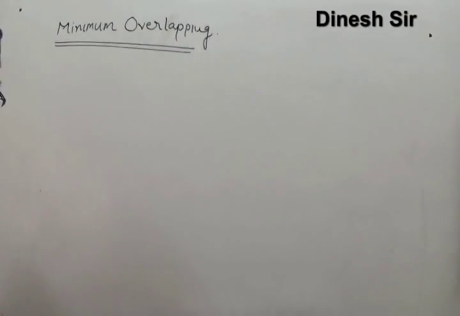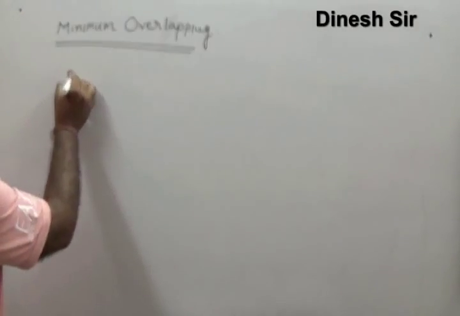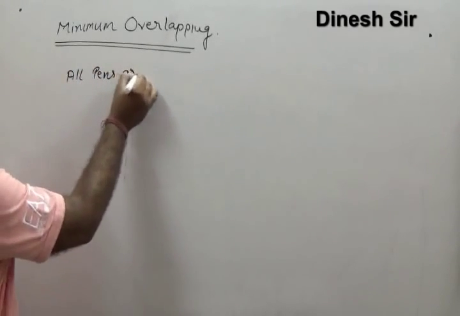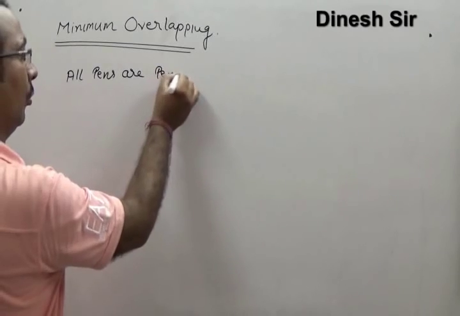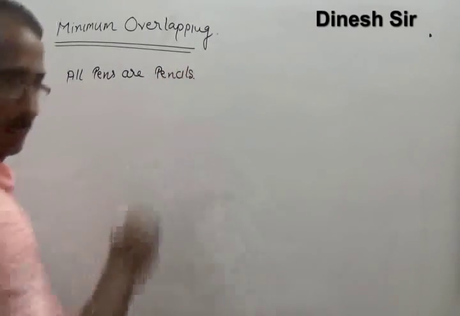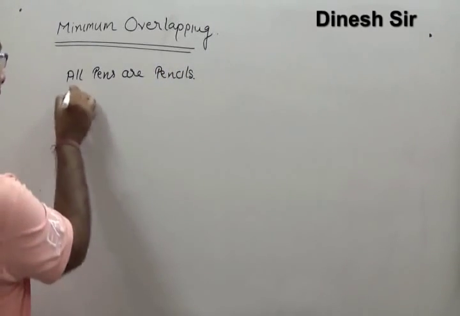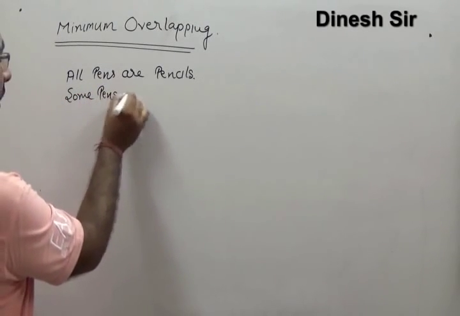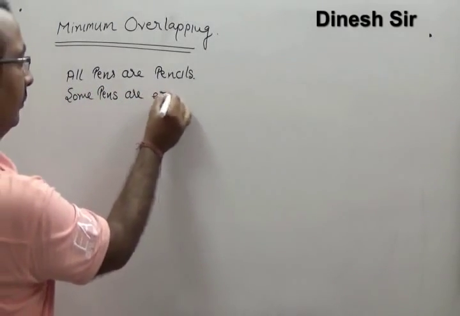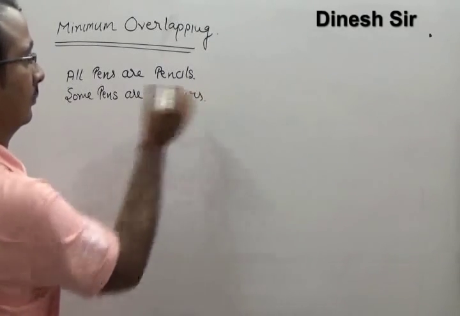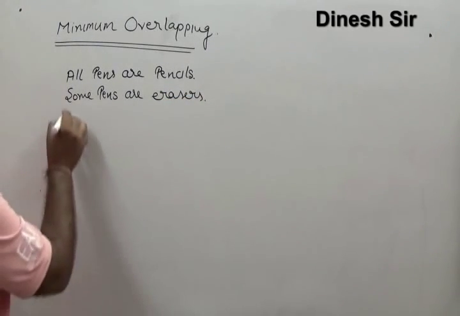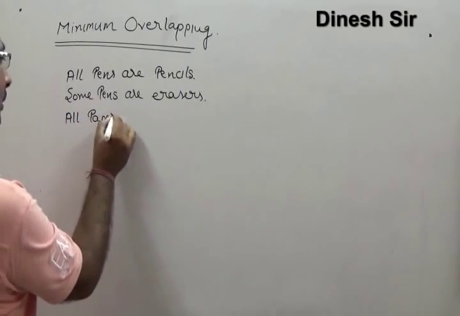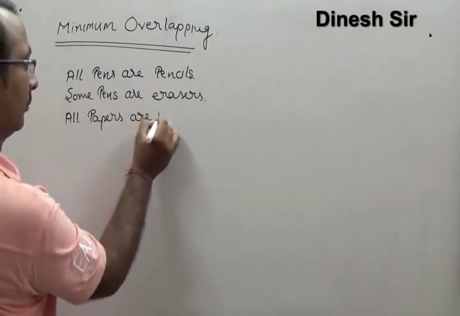It is given that all pens are pencils. Then some pens are erasers. Third one is all papers are books.